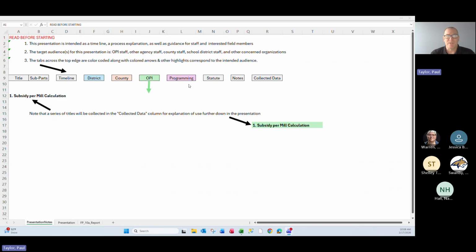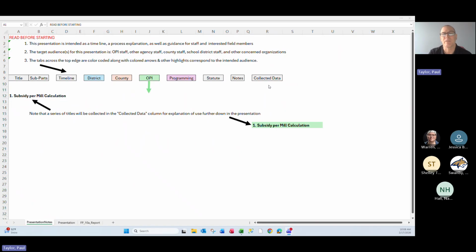So we've written a presentation that's intended to give districts information, counties information, OPI staff information, and OPI programming staff information. There's additional columns for statute references, a few notes, and then what I'm calling collected data.